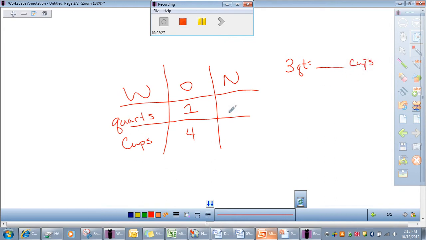Okay? So you'll put the 3 here in the new. Alright? Now when I solve this, that'll be times 3. And so whatever I do to the top, I've got to do to the bottom. So that's times 3. And I get 12. So 12 cups. You don't have to draw a picture to do it.